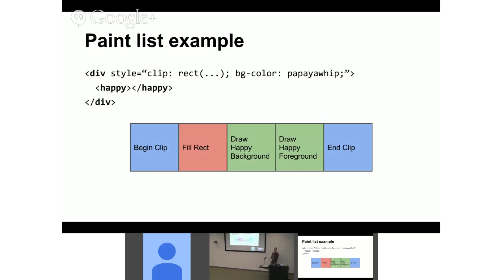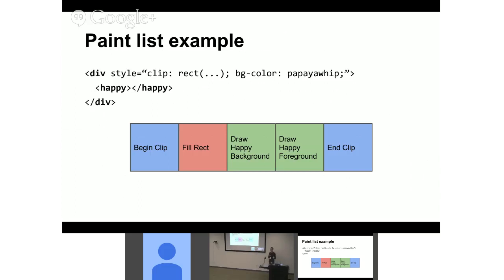So we need both begin and end. We then fill the rectangle, that is the rect for the div. Then because happy is a child of the div, we should draw that afterwards. So we draw the happy background, we draw the happy foreground, and we end. So this is a concrete example of how some code, some CSS and DOM may map onto the drawing list.